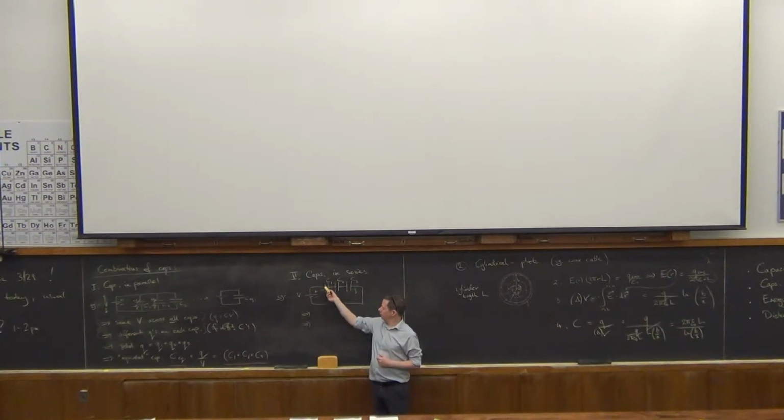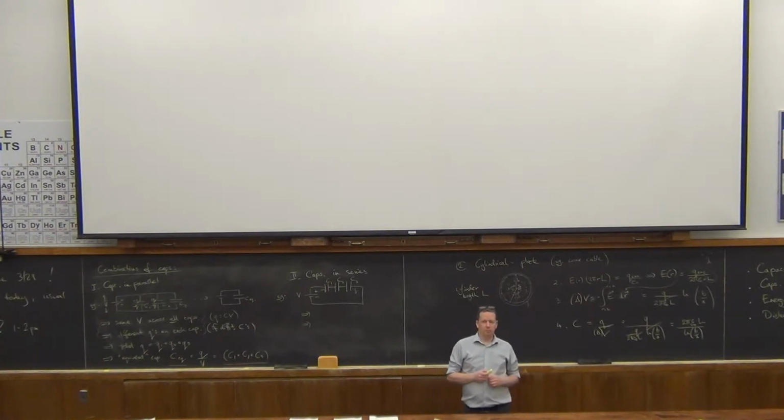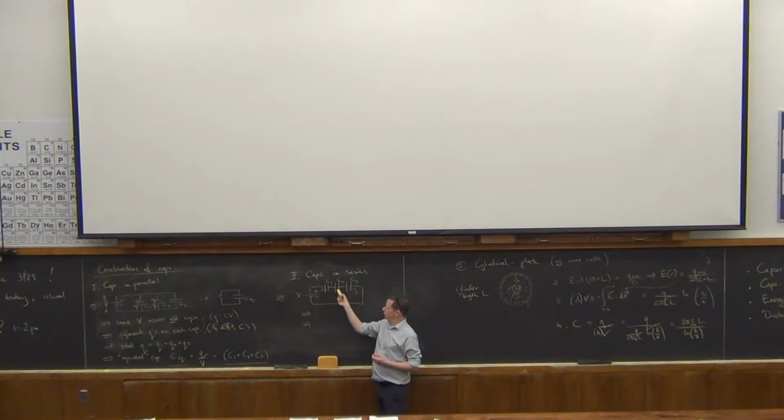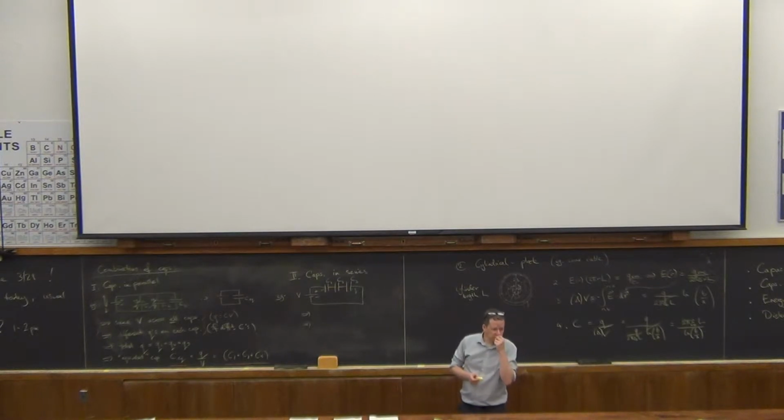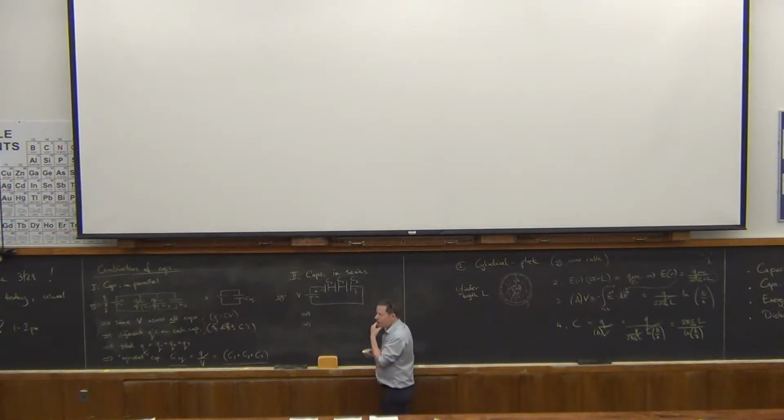And remember that all of these lines here are conducting elements. So what does that tell you about the charge distribution in the middle of this array of capacitors in series? It's equal. The charge is equal on each capacitor. Okay, that's correct. Can you explain for me how you get to that answer?